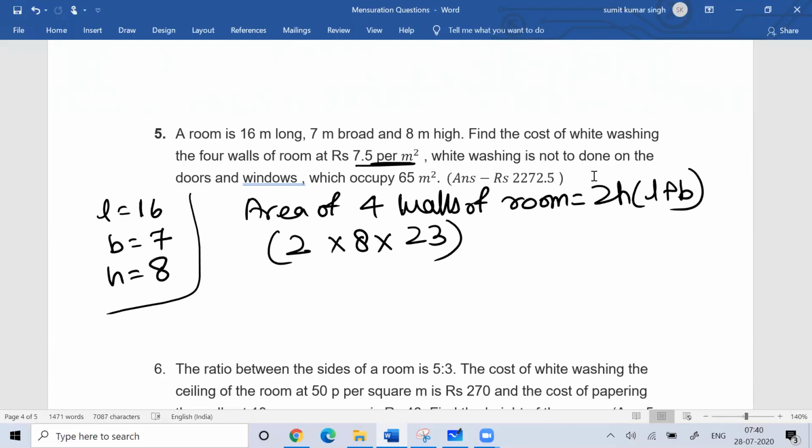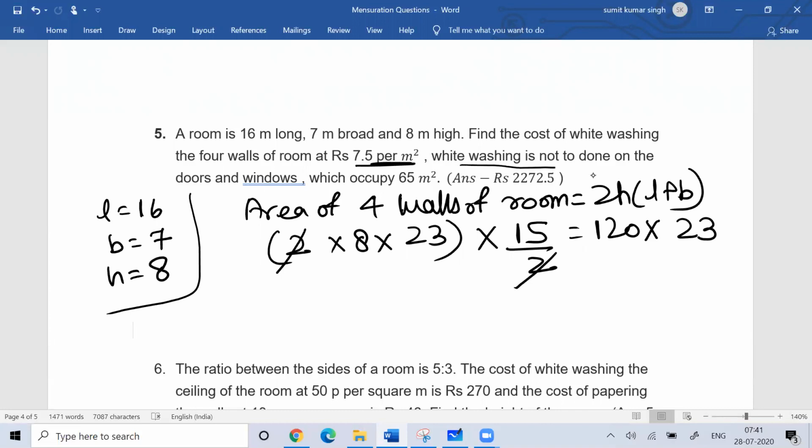So you need to find the cost. 1 meter square costs 7.5 rupees, so the total cost would be into 7.5. I can write 7.5 as 15 by 2. Okay, sorry, one part I missed.